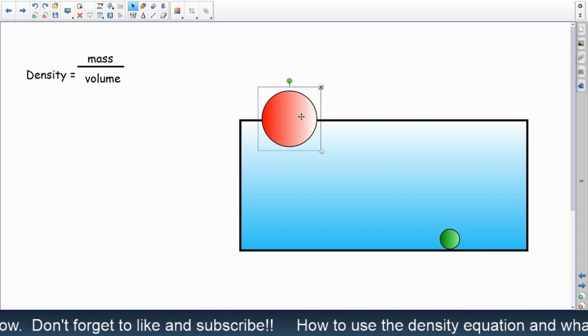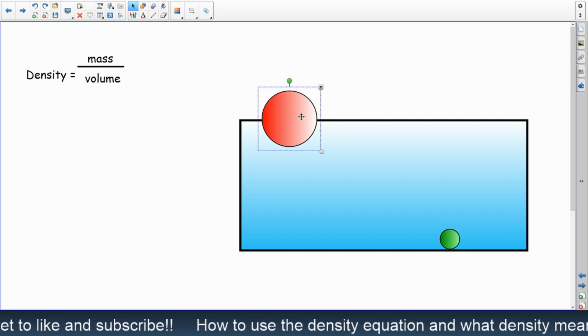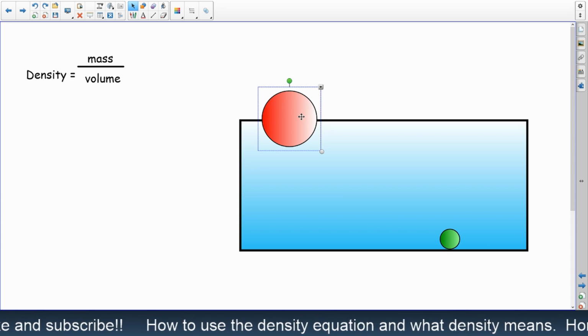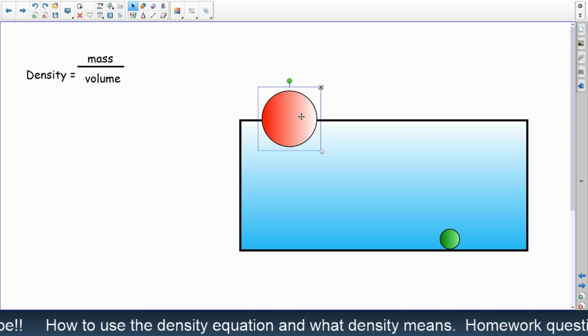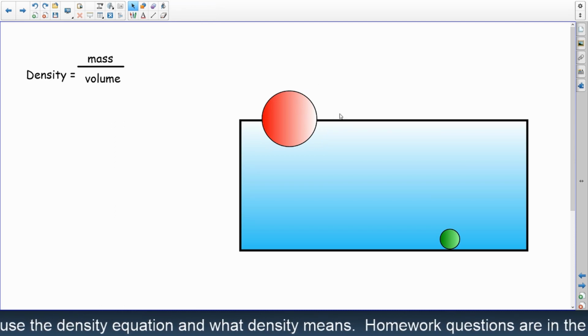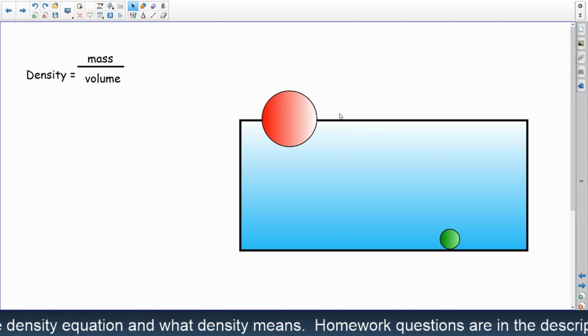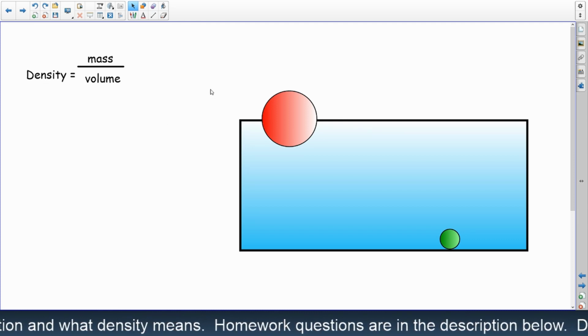Whereas if you have an object that's very, very heavy, say for example a large boat, but because it occupies a large amount of space, that mass is spread out massively, and therefore the object can float.